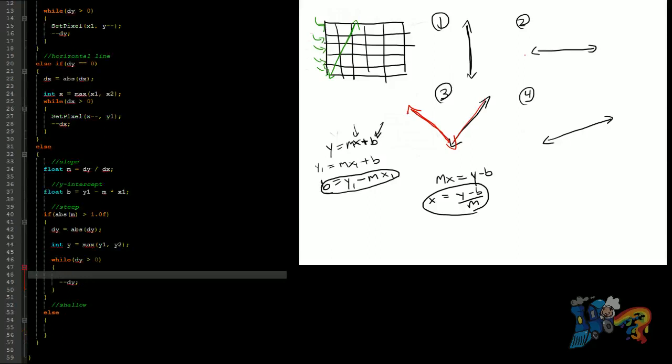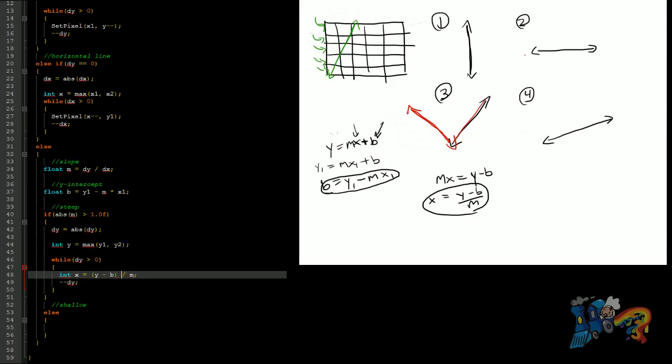Okay, now we can't just set the pixel. Now we have to find an x every single iteration. And our x is going to be equal to what we just solved for, which is y minus b, but we have to take this whole term and divide it by the slope m.